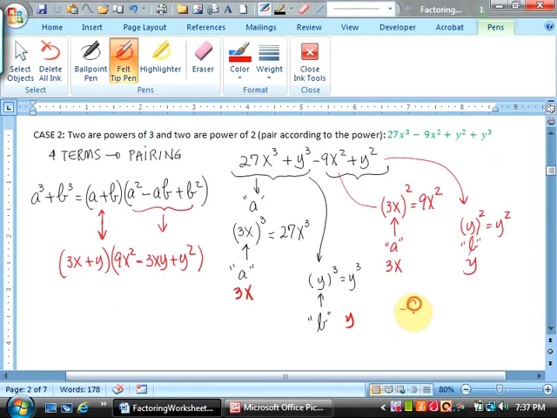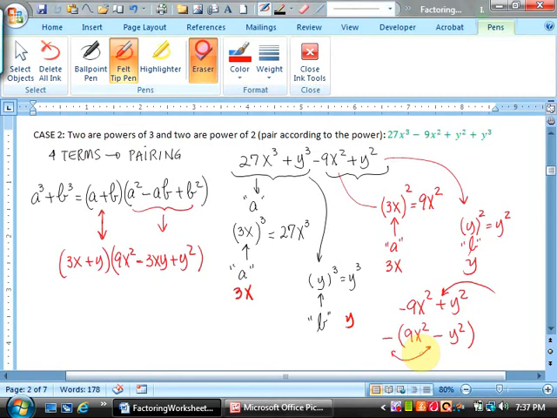I'm going to take this minus outside, so that I get 9x squared inside. But now, to maintain my positive sign, which is the original sign, I have to put a minus here, because then this minus and that minus together will give me the original plus. So we're getting minus y squared.